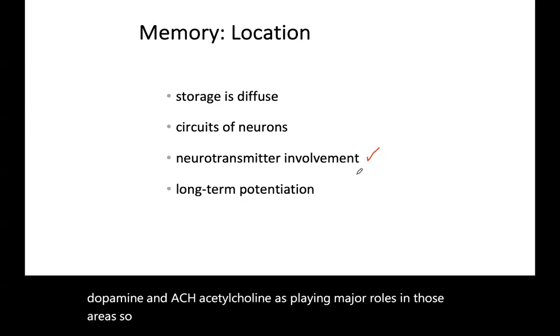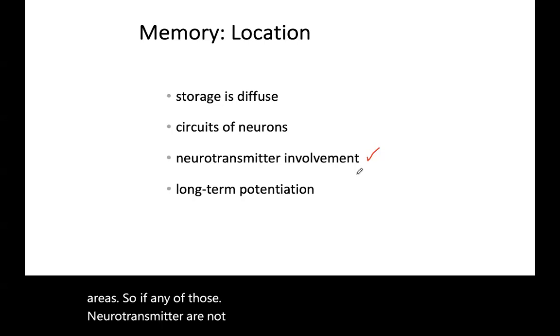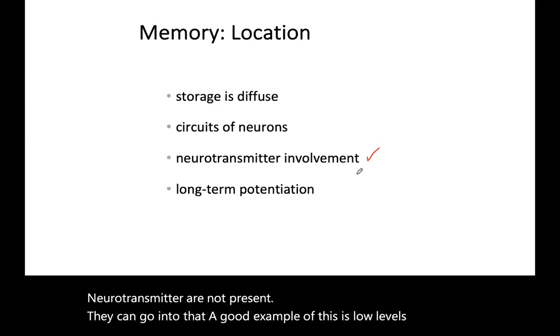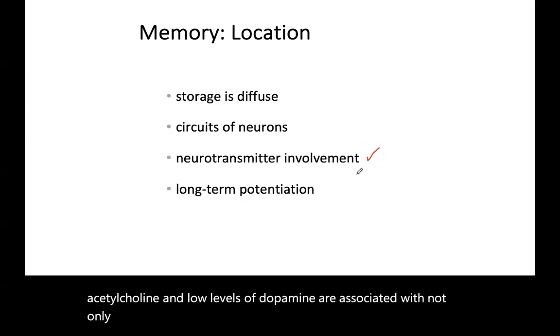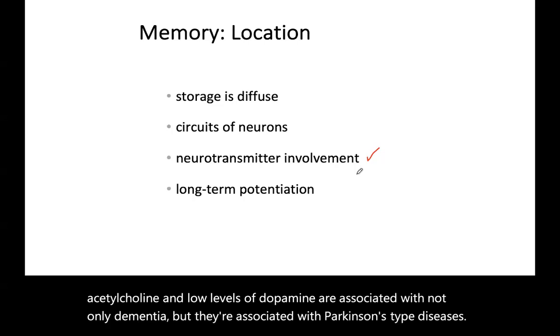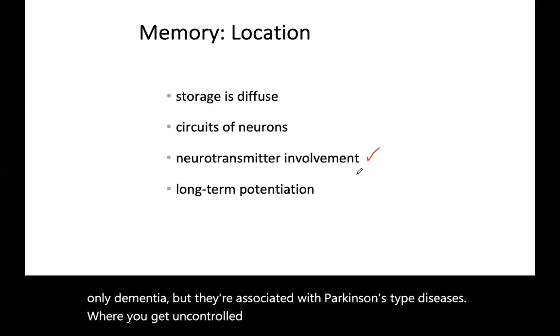So if any of those neurotransmitters are not present, they can go into that. A good example of this is low levels of ACH or acetylcholine and low levels of dopamine are associated with not only dementia, but they're associated with Parkinson's types diseases, where you get uncontrolled tremors in the body that can't be controlled.